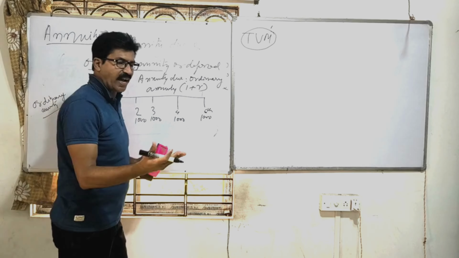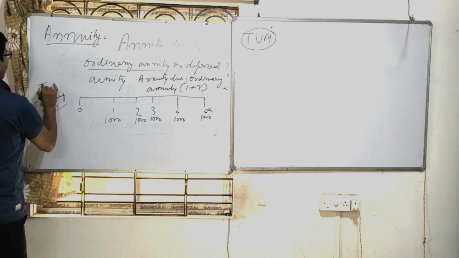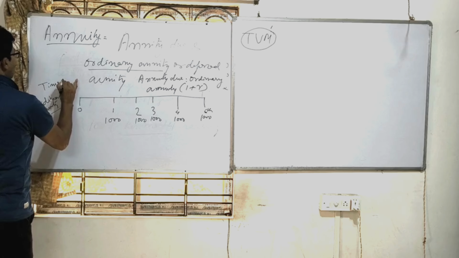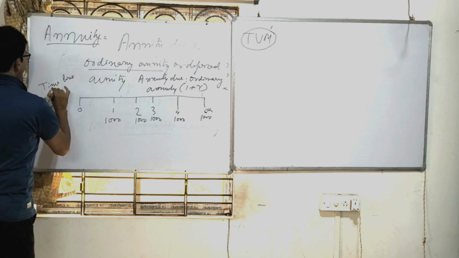You see, this is a timeline of ordinary annuity. In year 0 you are not paying. After 1 year you are paying 1000. Second year you are paying another 1000. Third year, fourth, fifth year.